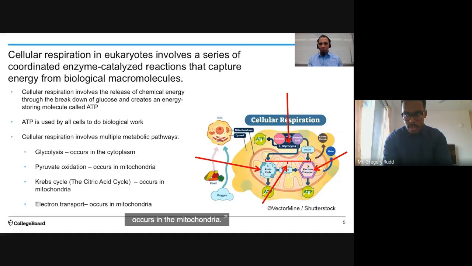Number 3 is the Krebs cycle. And number 4 is the electron transport chain.